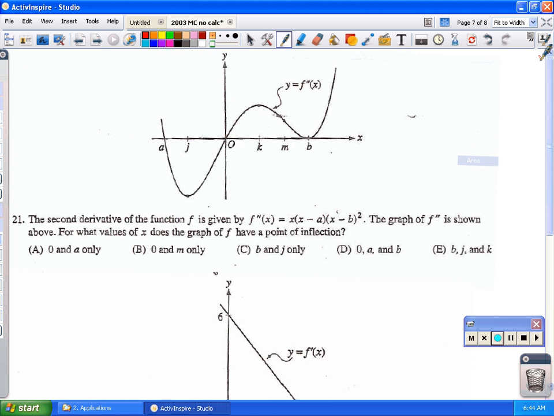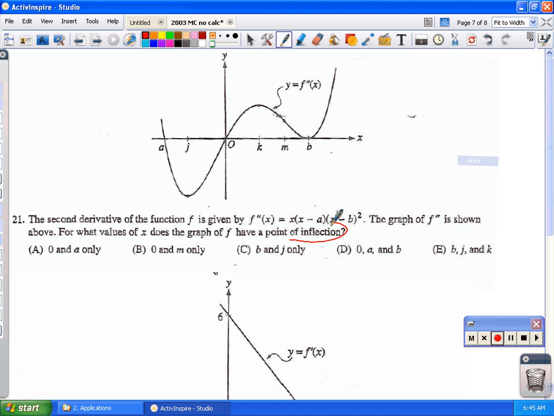Number 21, the second derivative of f is given by, okay, so we have a graph of that. So they give us a generic function and they also give us the graph of the second derivative. For what values of x does the graph have a point of inflection? A point of inflection occurs where the second derivative changes sign.